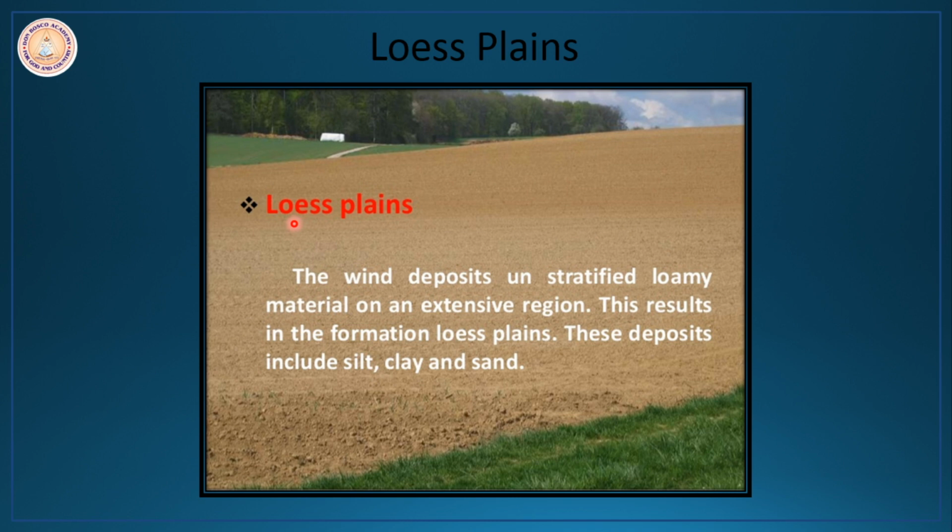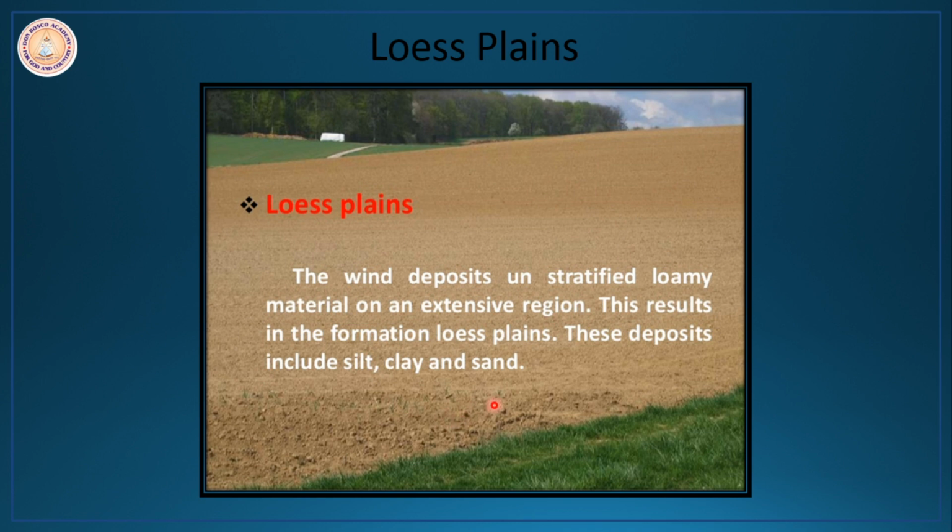Here loess is found mostly along the river Huanghe. Now these plains are formed by the materials transported by wind and deposited along the rivers in extensive areas. Loess is a very fine dust, rich in lime and yellowish in color. You can see the color over here, slightly yellowish.